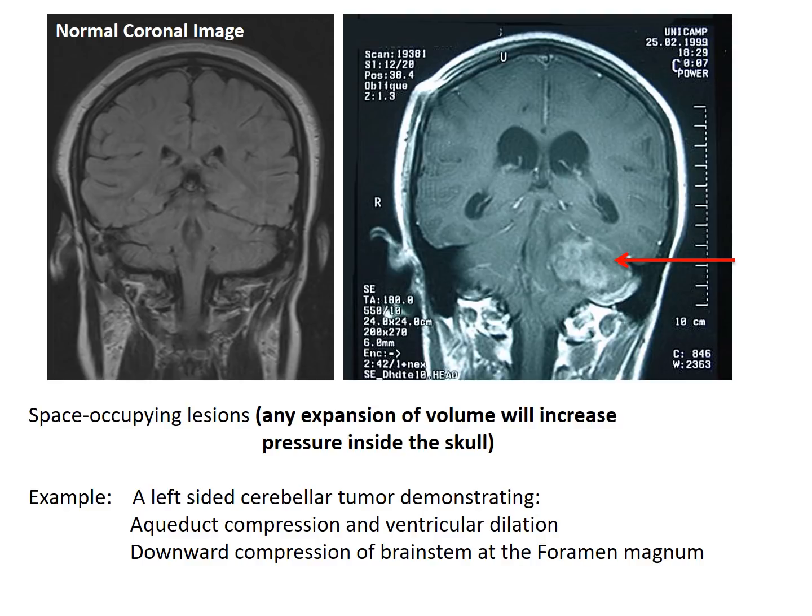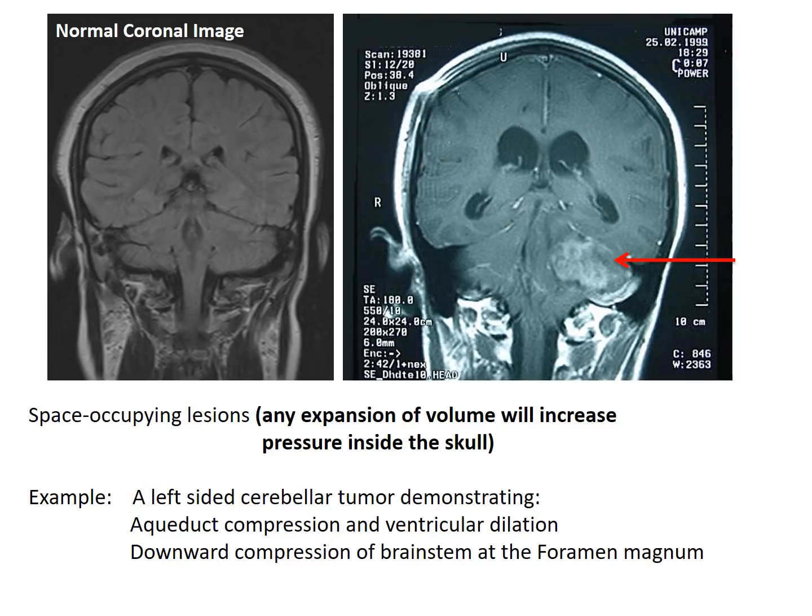Now move over to the right, and you see the big tumor in the left cerebellum. As that tumor grows, intracranial pressure expands, and eventually there will be displacement, downward herniation and displacement into the foramen magnum.